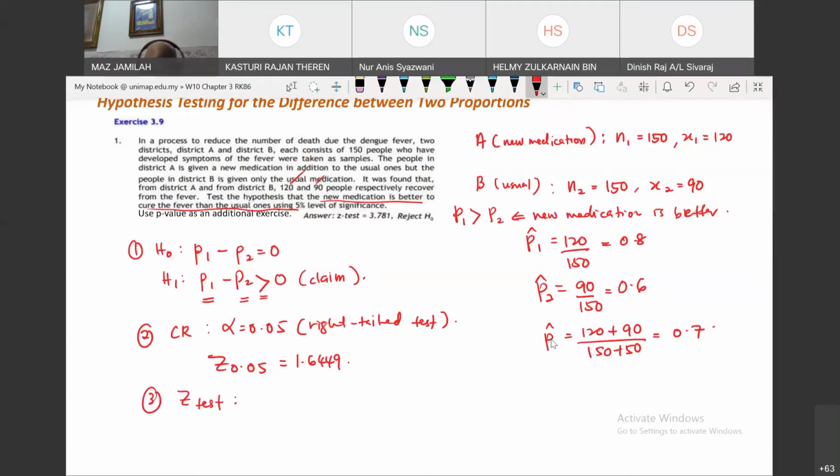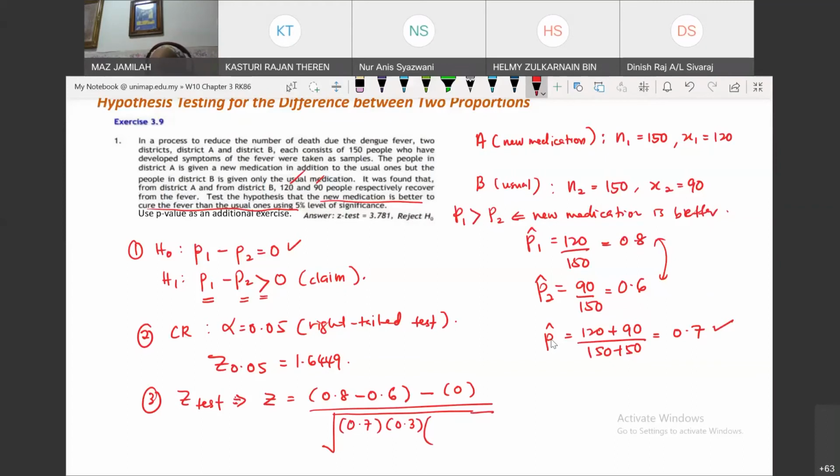Third one, Z test. Okay, your Z test will be Z equal to the difference between P1 hat and P2 hat. So 0.8 minus 0.6 minus the hypothesized value difference, which is 0, divided by square root of 0.7 multiply with 0.3 multiply with 1 over 150 plus 1 over 150.